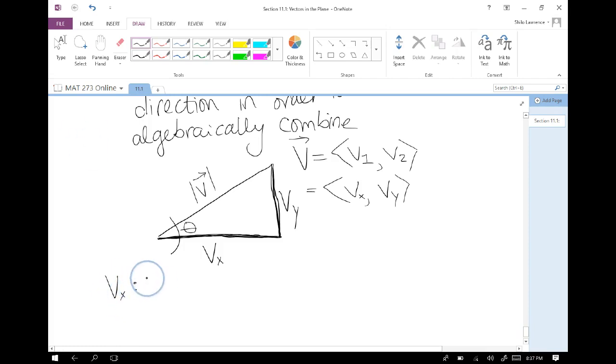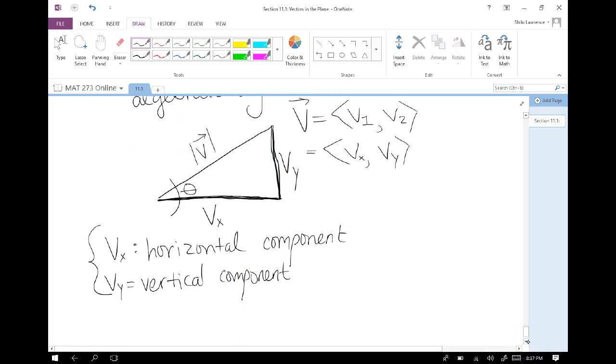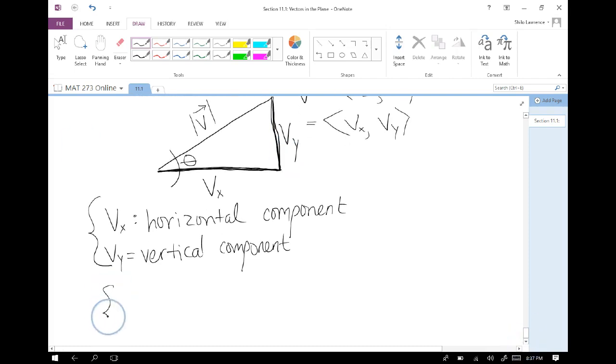So v sub x is our horizontal component. V sub y is our vertical component. And these two are often used together. The other option we have is describing a vector using magnitude and direction.